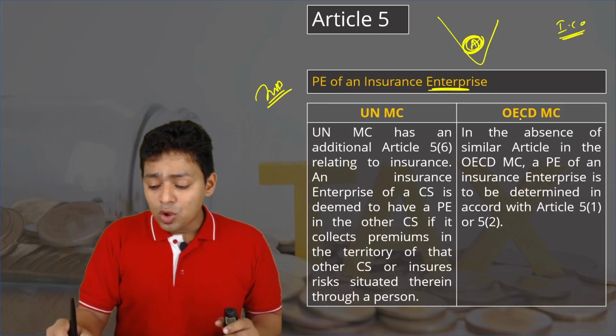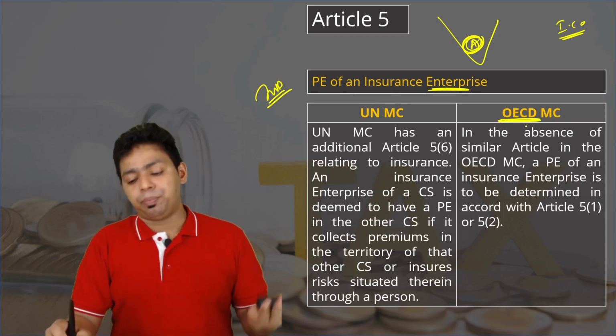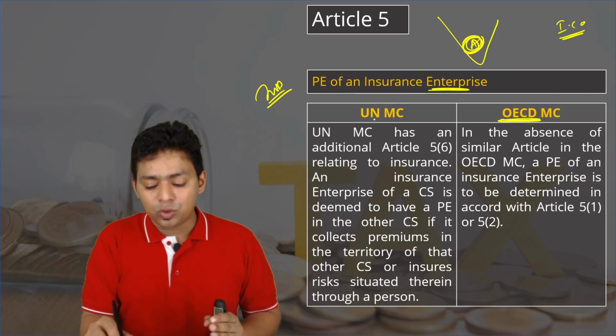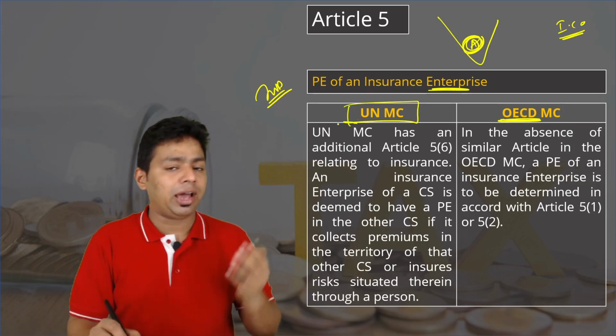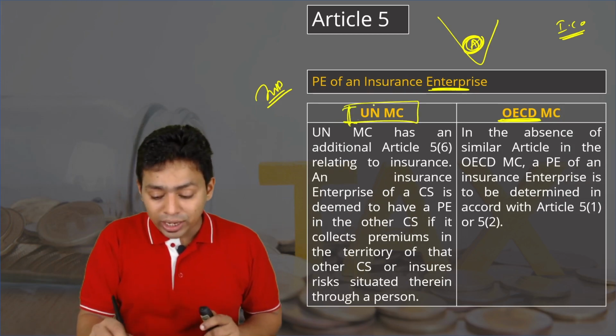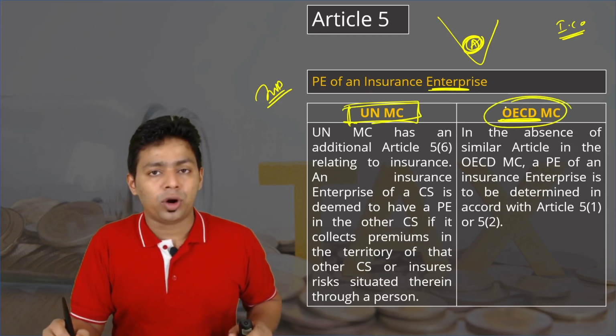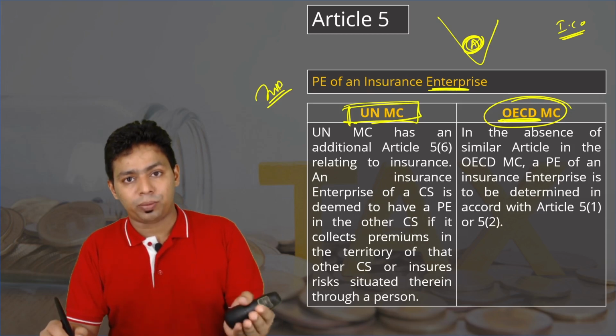Okay. The OECD model does not have any specific clause for insurance companies. So please understand that it is only there for the United Nations model. I have told you earlier also, the United Nations model favors the source rule of taxation, and the OECD model favors the residence rule of taxation.